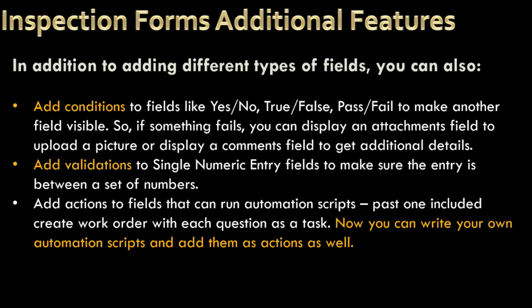So if you have those fields of yes, no, true, false, or a multiple choice, you can choose one of those options and you can say, if the user chooses that option on your form, display another field to capture more information, to request that they upload a picture, or to ask them for comments to add more information.